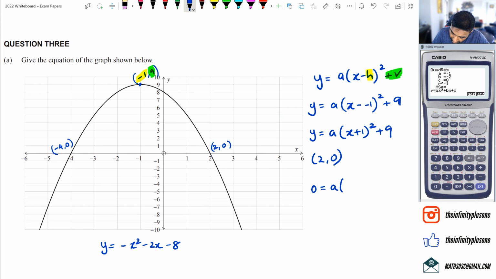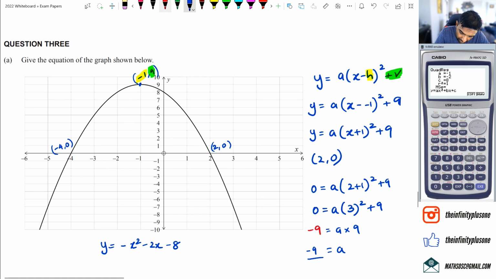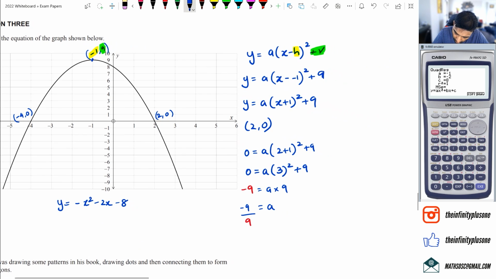So I've got 0 equals a(2 plus 1) squared plus 9. I've got a times 3 squared plus 9. Rearrange. I've got 0 take away 9, which is going to be -9, equals a times 9. Then a equals -9 divided by +9. And so I can see that a is equal to -1.